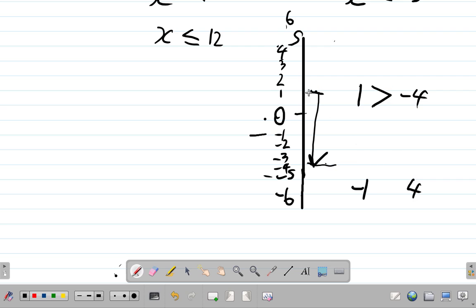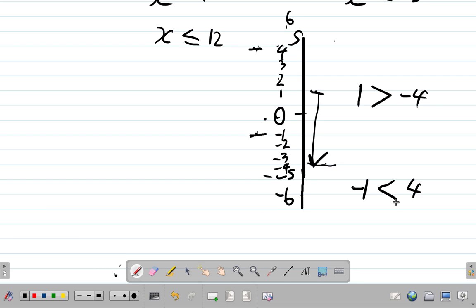But what happened to the sign? Negative 1 and 4. 4 is up here. So negative 1 is below 4, colder than 4, less than 4. So negative 1 is less than 4. So you have to switch the sign around. You see that?